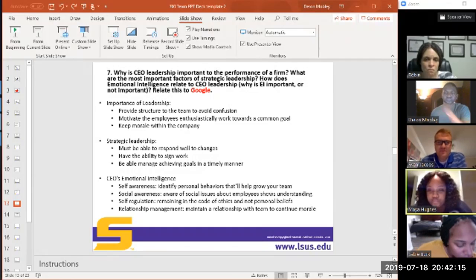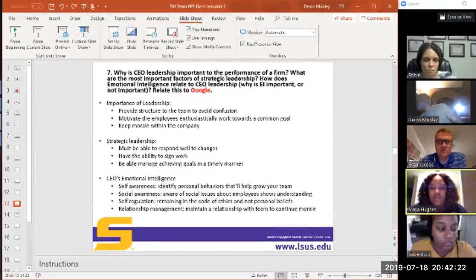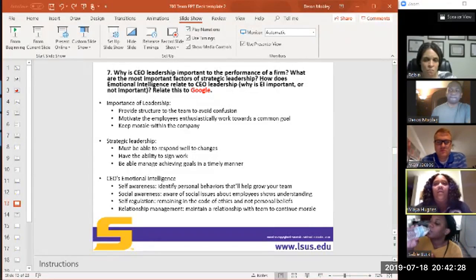The next question was, what are the important factors? A leader must be able to respond to changes at all times, just in case the plan does not fall through, or if newer technology is implemented within the company, of course the CEO should adapt to that change.